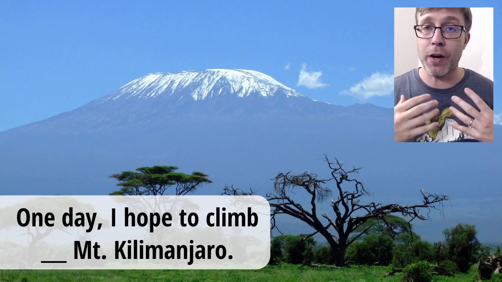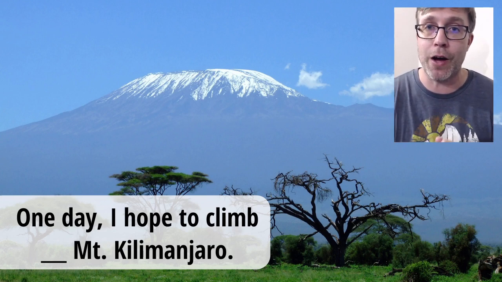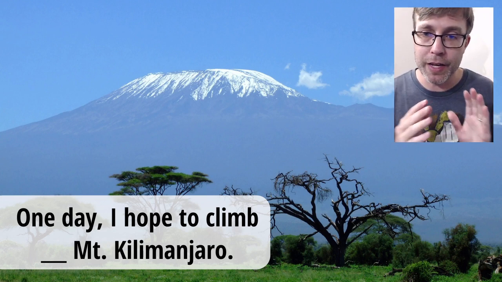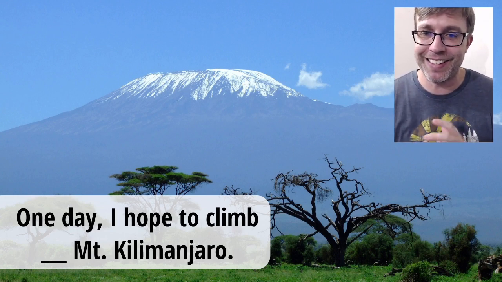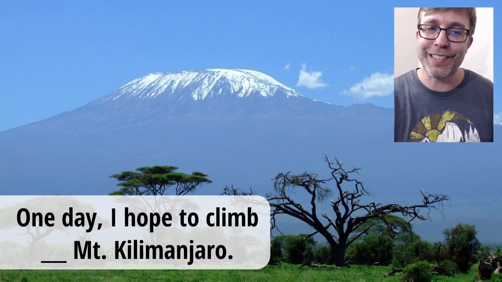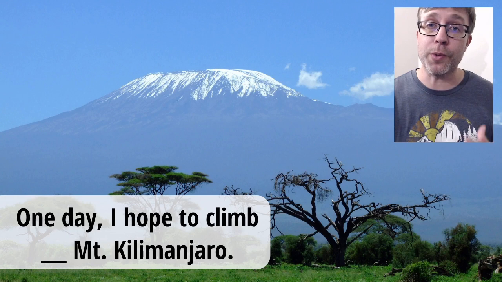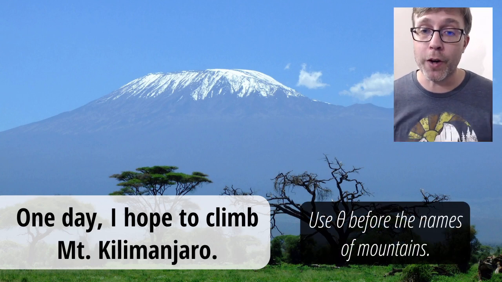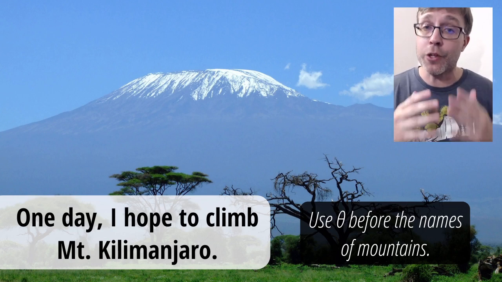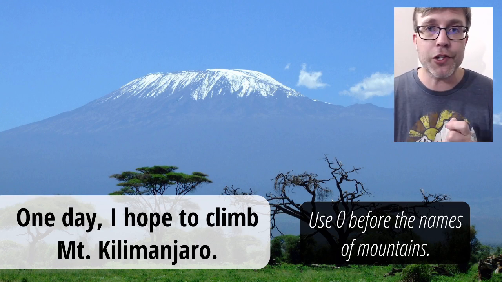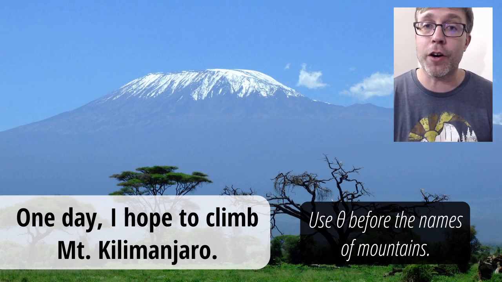We're talking about a mountain, Mount Kilimanjaro. It is a proper noun. So if we're talking about mountains, yes, excellent. We are not going to use an article before the names of mountains. So when you are giving the name and using the proper noun, Mount Kilimanjaro or Mount Everest, you are not going to use an article before that name.